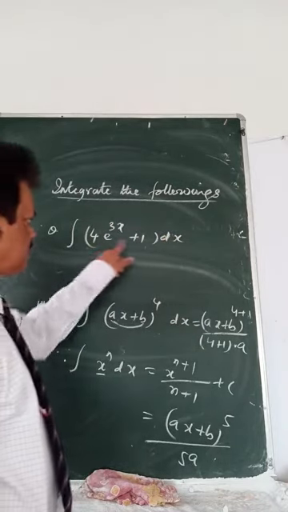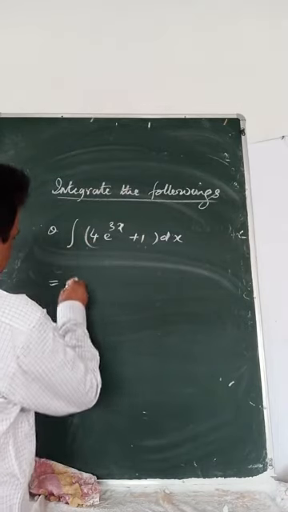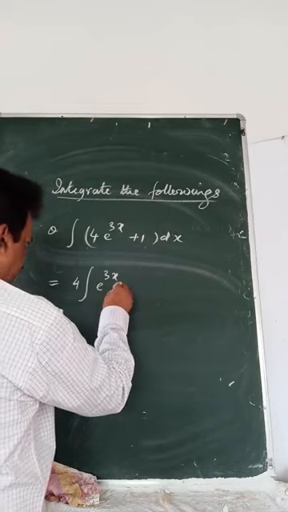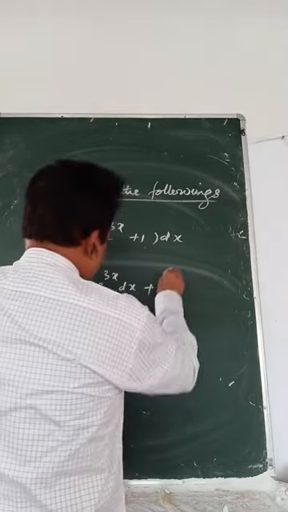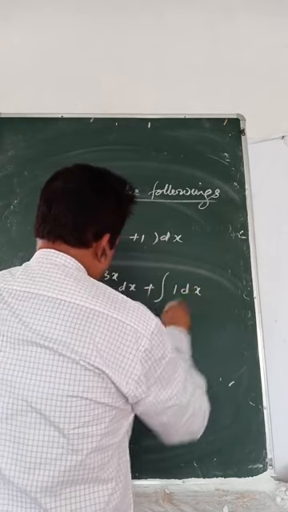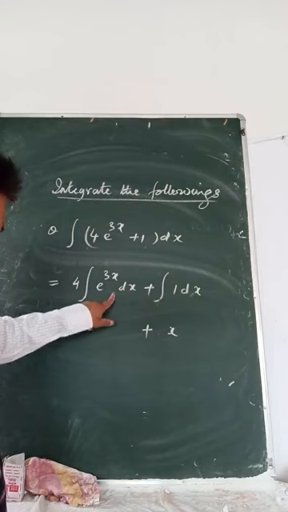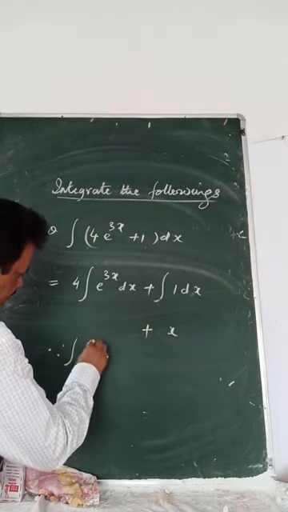So there are two parts, sum rule here. First we will integrate, but constant is there, we will keep outside: 4e to the power 3x dx plus 1 dx. Integration 1 dx is x. This one you follow here, what is integration of e to the power x?